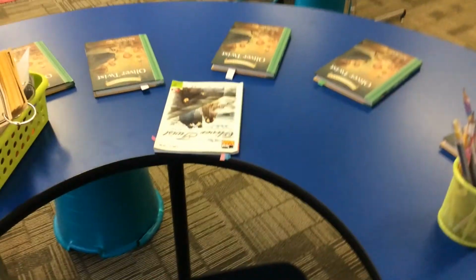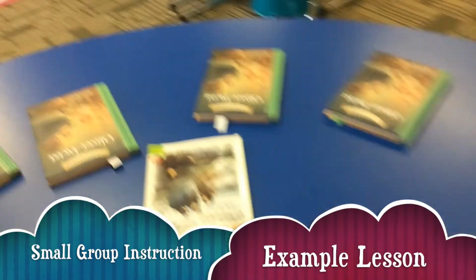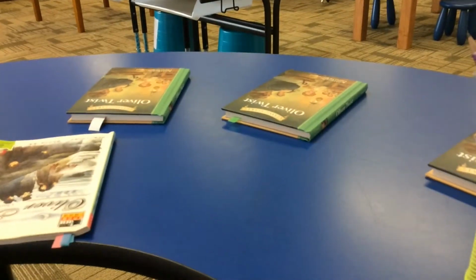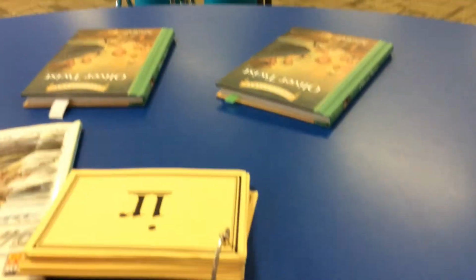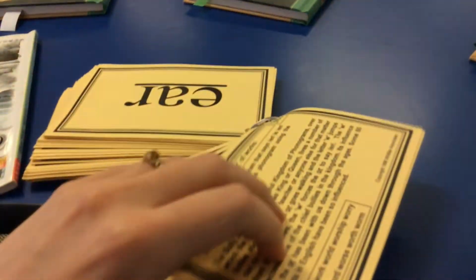Now I'll explain to you what I usually do when students come into the center. So they'll come into the center and I'll ask them a few questions about what we're going to learn today. If it's still the beginning of the year, while the students are moving from the other place to here, they're coming from that library center to here, we'll just practice the sounds until everyone's arrived.